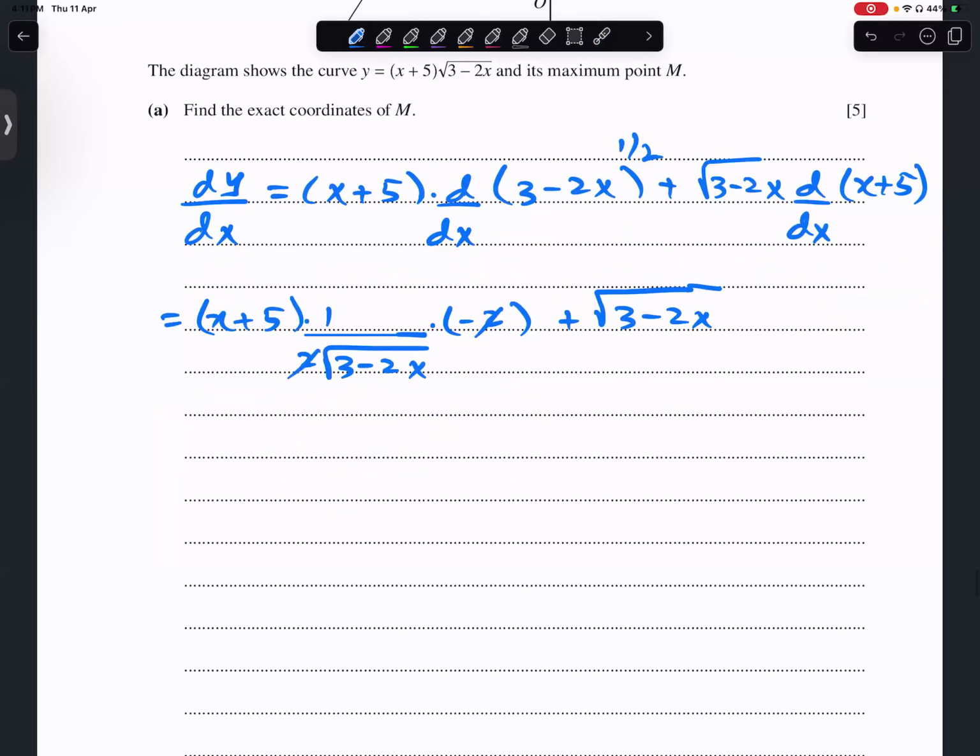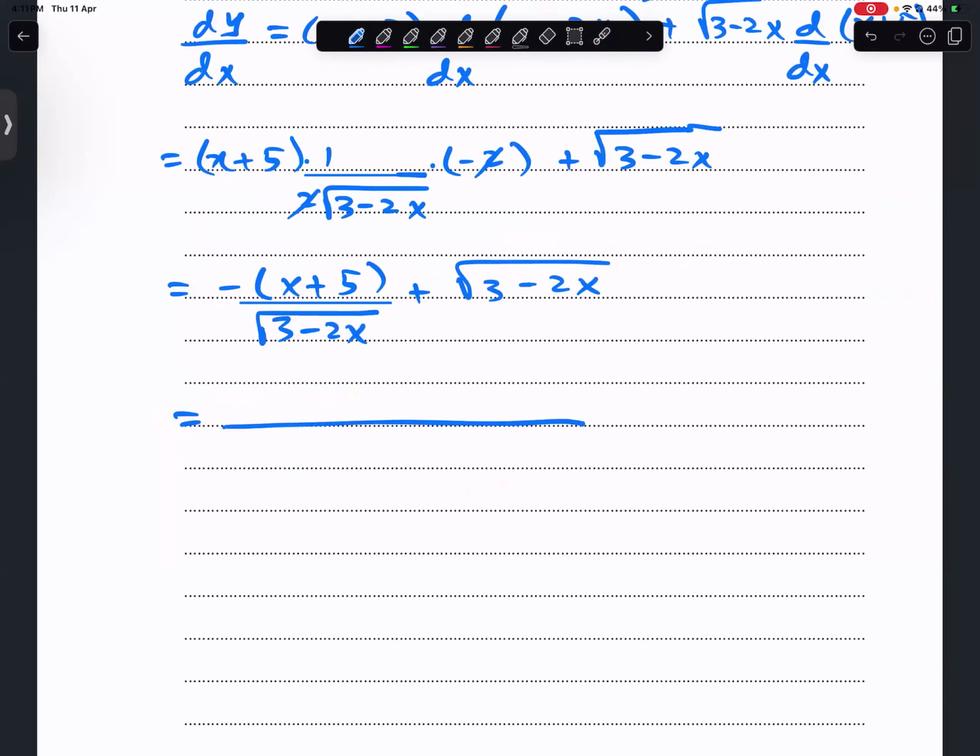This 2 can cancel this 2 here. And then x plus 5 over root of 3 minus 2x, plus 3 minus 2x. Let's take the LCM here.